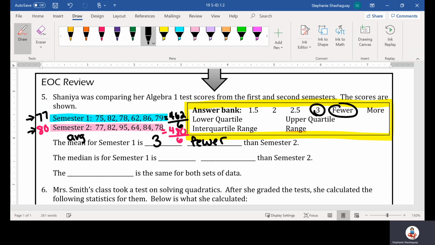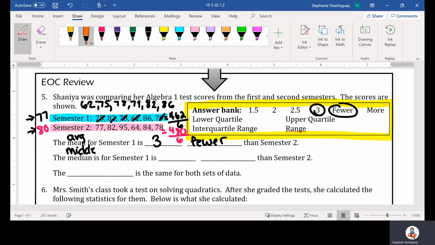The median for semester 1, to find the median, that's going to be our middle, and that means we have to put this data in order. So to put this data in order, we're going to do 62, 75, 78, 79, 82, and 86.